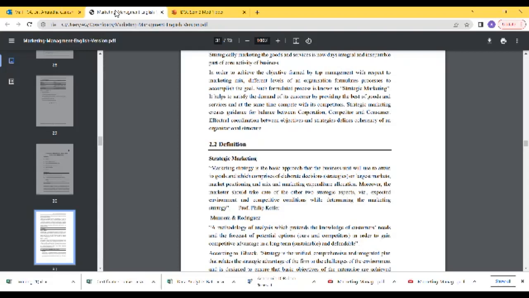Activities related to marketing need to be performed after understanding the changing environment in which the market operates. Business environment is very dynamic, whether domestic or international.